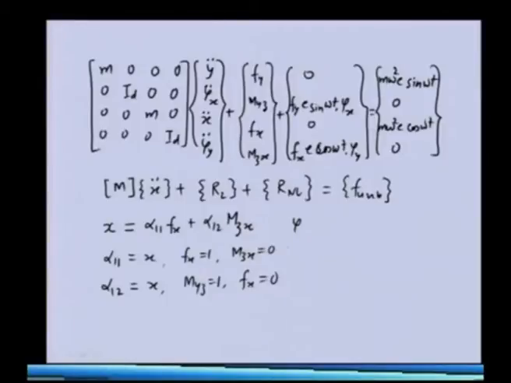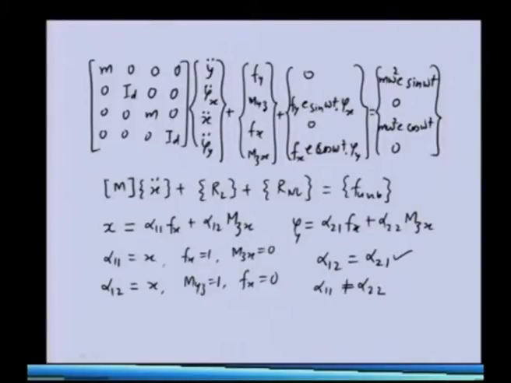Let us say this is alpha 21 Fx plus alpha 22 Mzx. In this particular case, we will see that generally these two influence coefficients are symmetric, so these cross coupled terms will be equal.